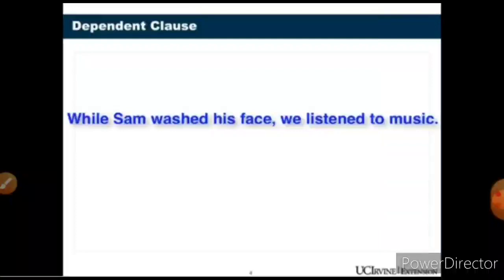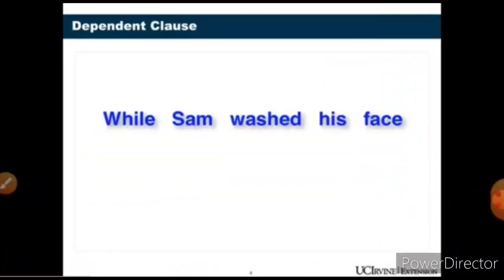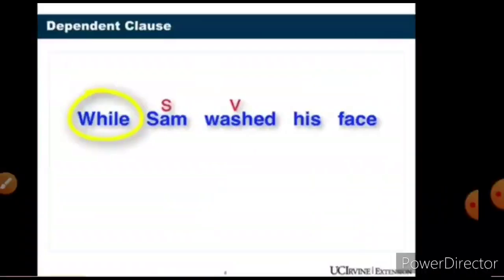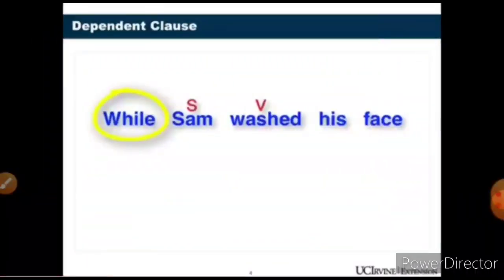Now look closely over here. While Sam washed his face, now this is your dependent clause. And why is it a dependent clause? Because it has while as a connector. This while is an adverb clause connector, and along with that we have a subject and a verb in this clause.